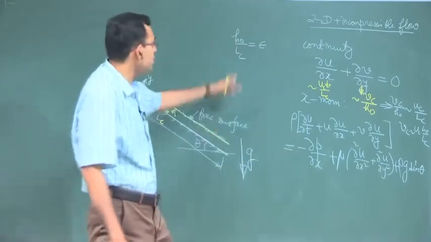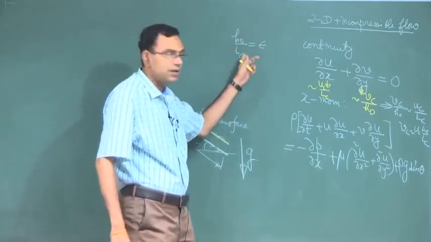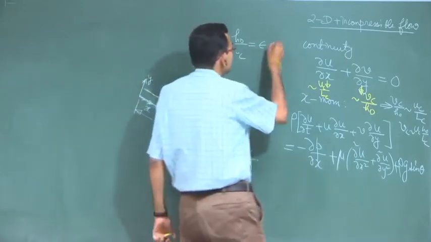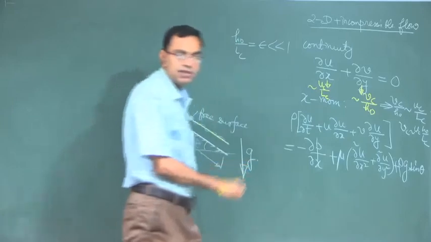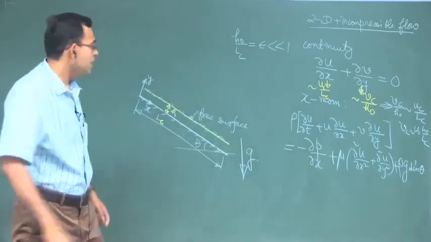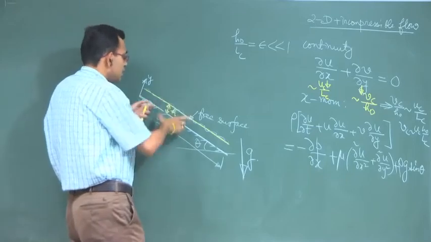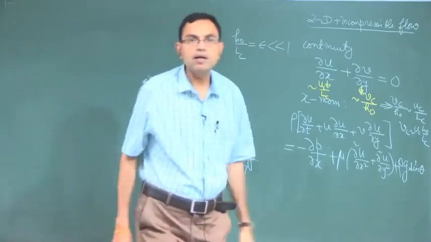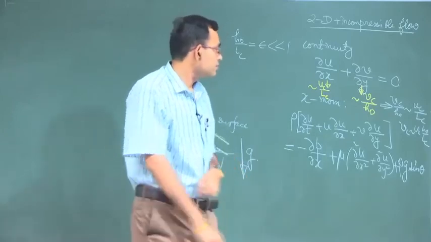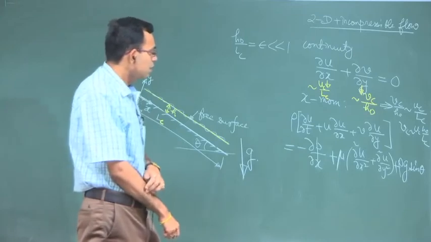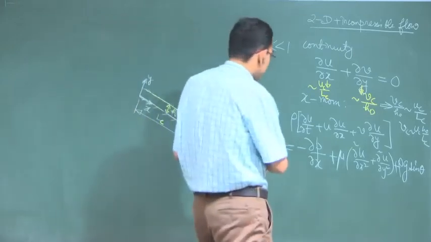So, that small number here is this physical number h naught by Lc, which is epsilon, we call it small. This entire theory will fail if this number is not small. So, if this film is so thick that it is of the order of this one, then we cannot use this theory. Okay. Then we will come to the momentum equation.